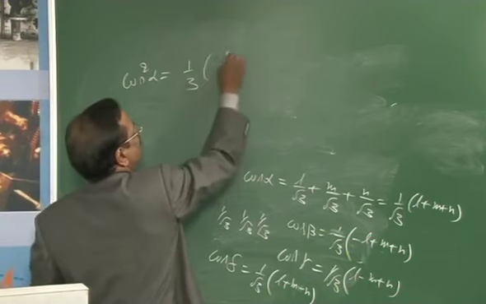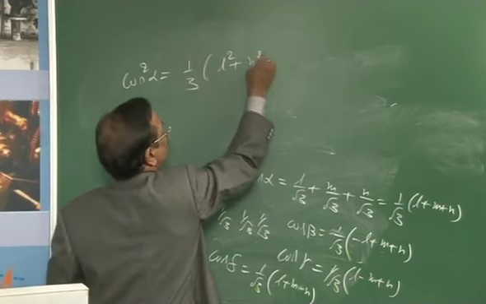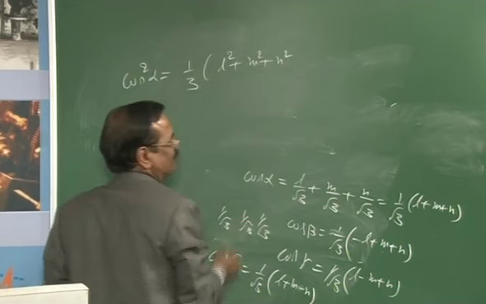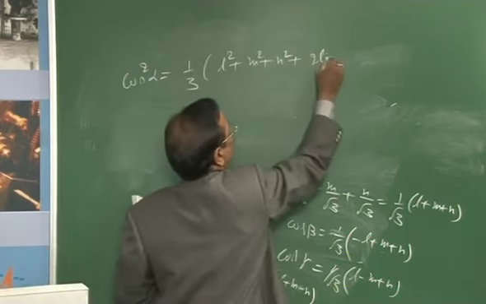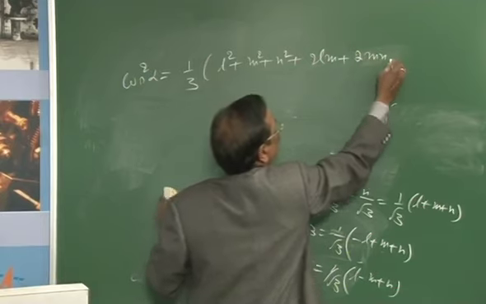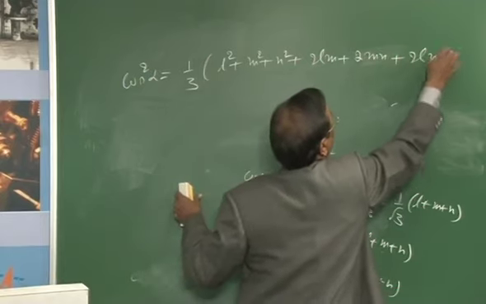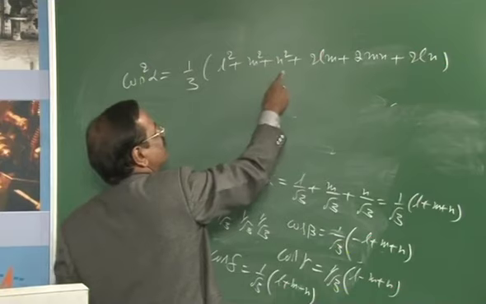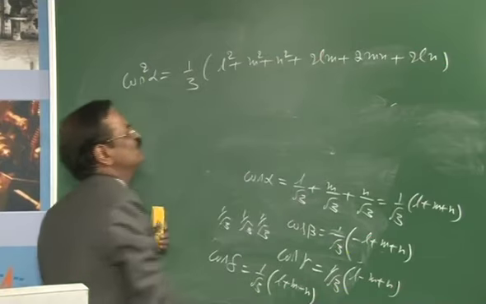So, you know that it is L square plus m square plus n square, high school portion, and 2 times Lm plus 2 times Mn plus 2 times Ln, just like a square plus b square plus c square plus 2ab plus 2bc plus 2ca.